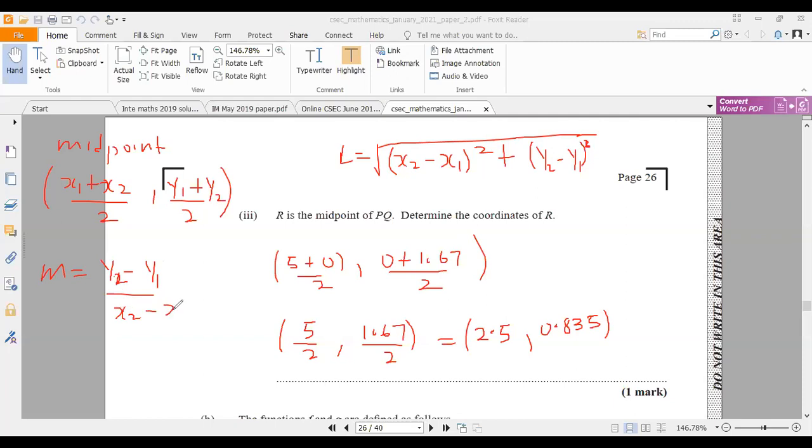That's for the gradients. So we have the length, we have the midpoint, we have the gradients. Then remember that after that you have the parallel lines and perpendicular lines. Everybody clear? Parallel lines and perpendicular lines.